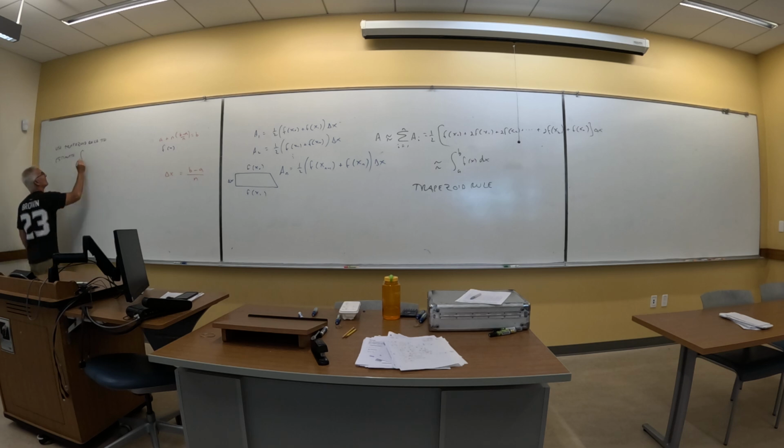Let's say 1 to 4 of the square root of x squared plus 1 dx with n equal to 6. We're going to do 6 trapezoids.